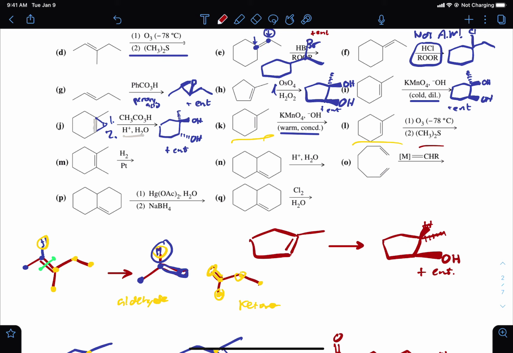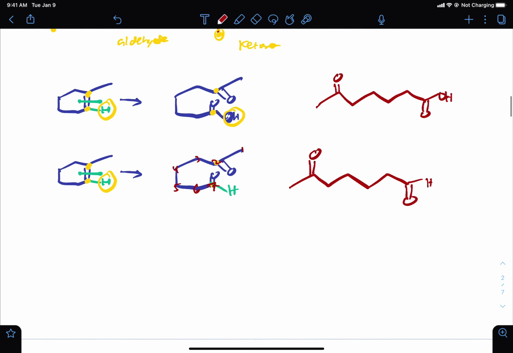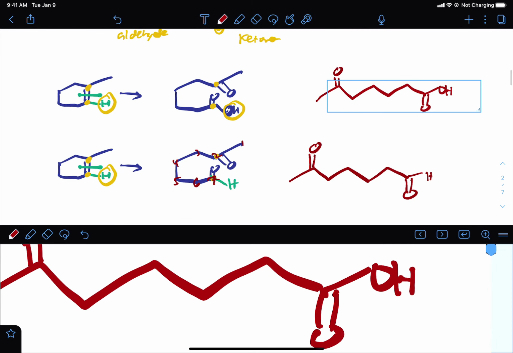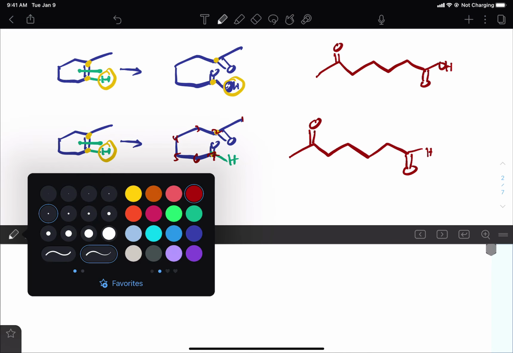Okay. Next reaction, very deceptively tricky reaction. I say it's deceptively tricky because we learned that H2 and platinum will convert the double bond into a single bond, or basically convert the pi bond into 2 new sigma bonds. So something like this.